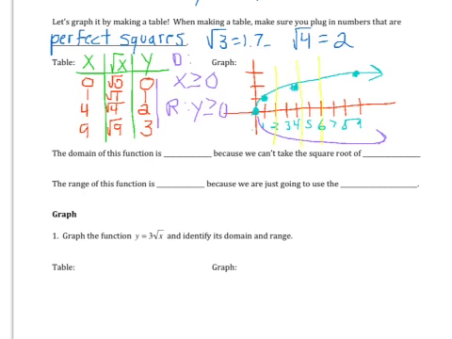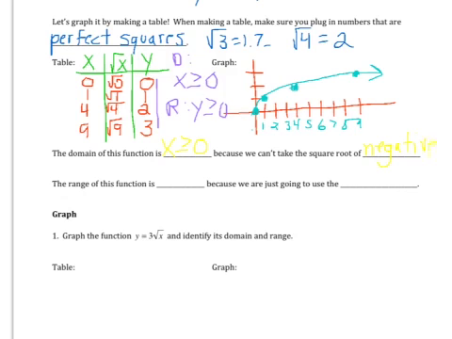So in order for this to be a square root function, we only count the positive numbers. Because if we counted the negative ones also, then we would not have a function. So our graph looks like that. So again, the domain of this function is x is greater than or equal to 0 because we can't take the square root of negative numbers.